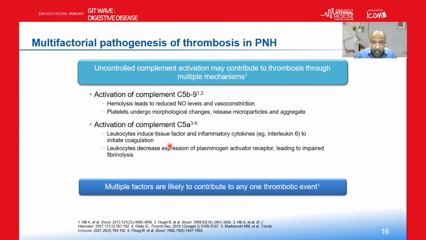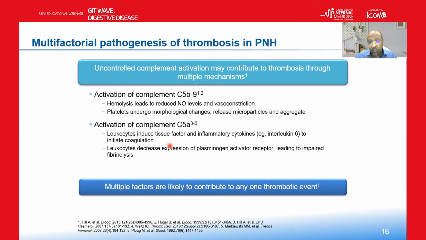So what about thrombosis? PNH is a very broad thrombotic condition. If it is left untreated, the majority of patients can have thrombosis. And thrombosis is multifactorial. It is not one factor. For example, activation of complement and hemolysis will lead to reduction of nitric oxide and vasoconstriction, and can lead to platelet activation.